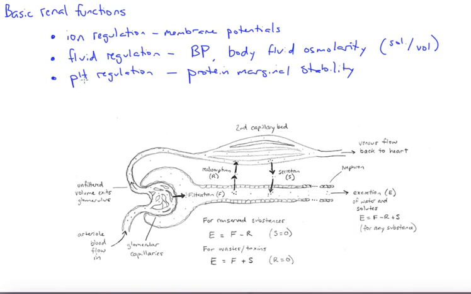And pH regulation is really all about H plus regulation, which of course is an ion, and therefore has the potential to interact with proteins. And so if we upset the normal concentrations of these ions in solution, i.e. our pH, then we start to disrupt the marginal stability of proteins and therefore their function, right? And of course, that can be deadly.